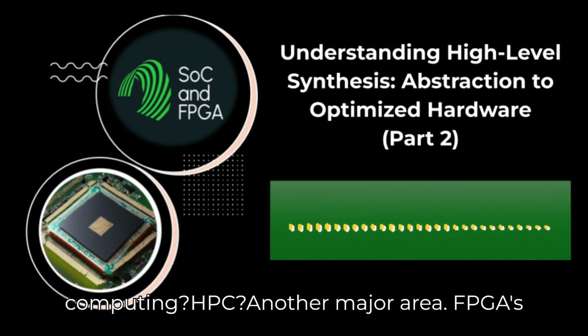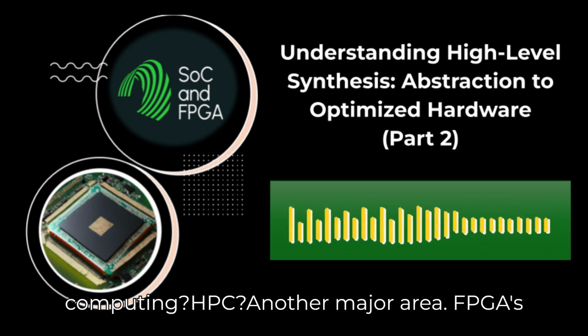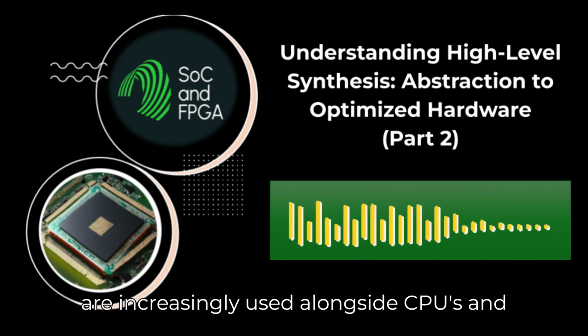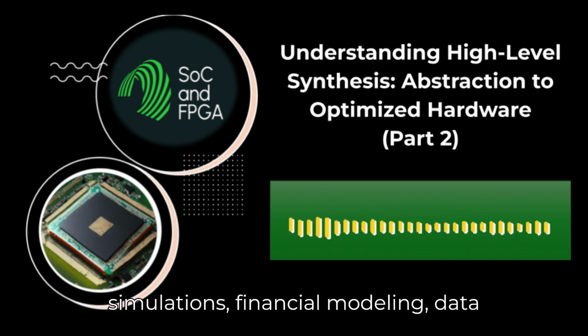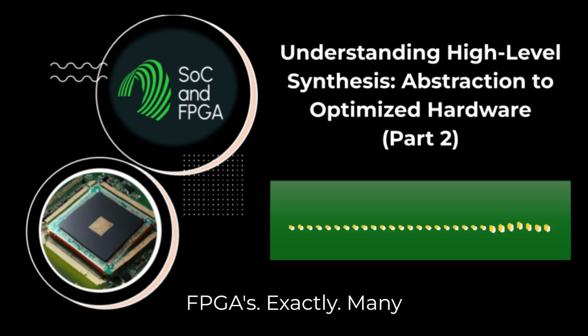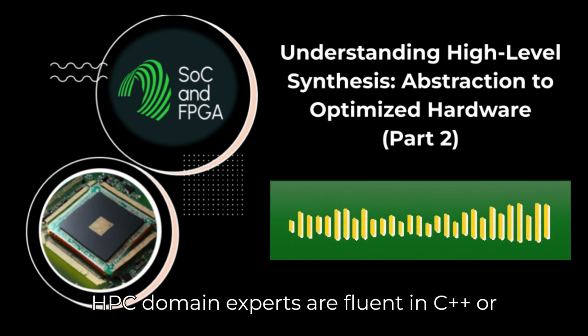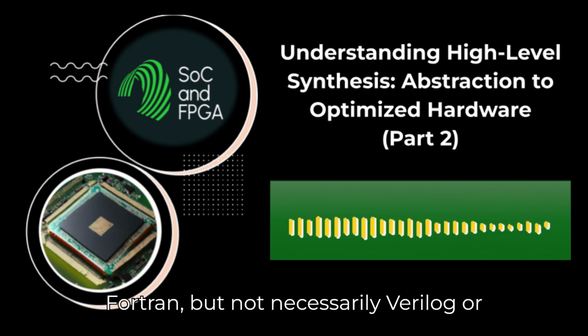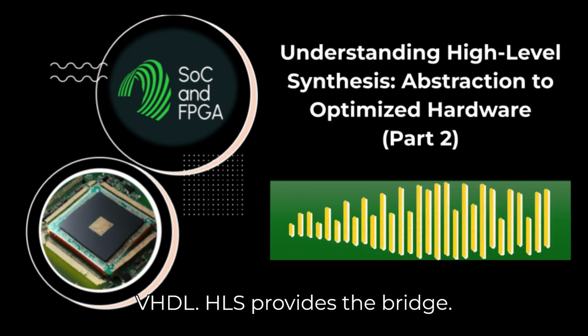What about high-performance computing, HPC? Another major area. FPGAs are increasingly used alongside CPUs and GPUs to accelerate scientific simulations, financial modeling, data analytics. And HLS helps HPC experts use FPGAs. Exactly. Many HPC domain experts are fluent in C++ or Fortran, but not necessarily Verilog or VHDL. HLS provides the bridge.